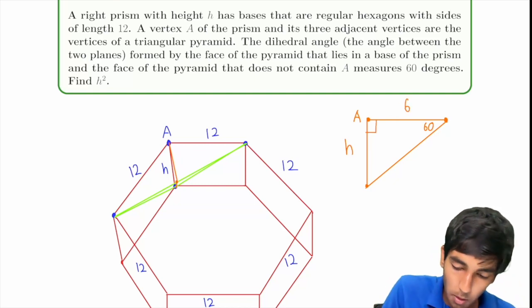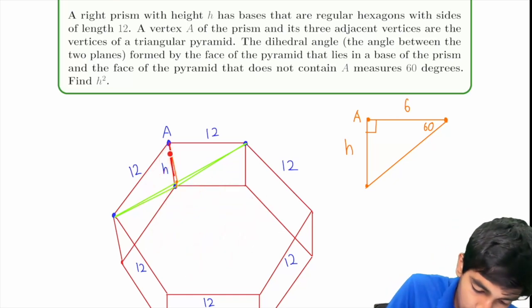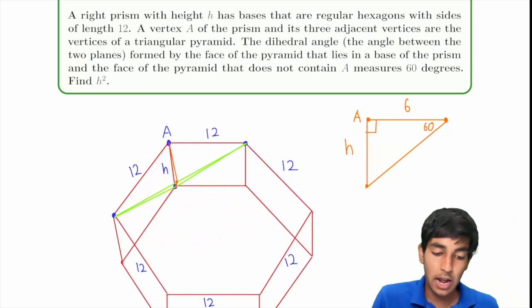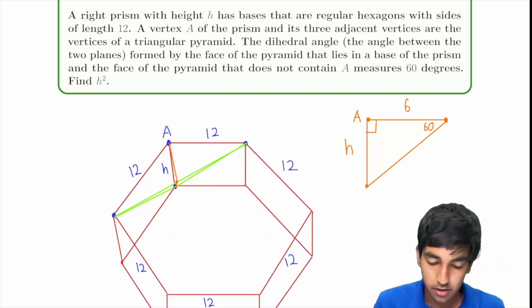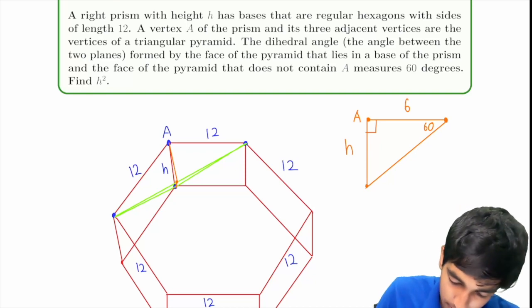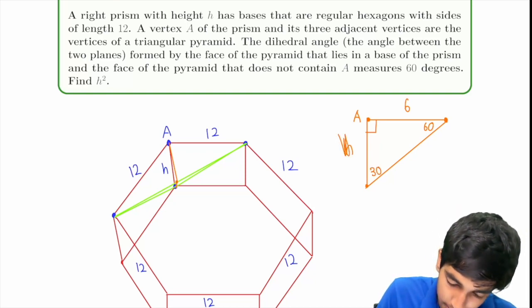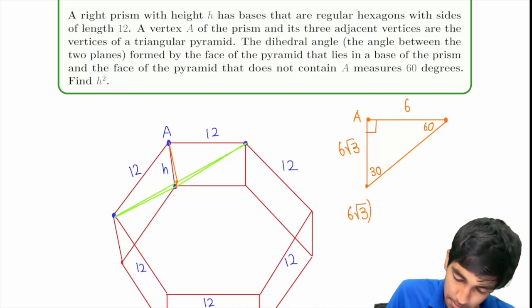Why is this 90? Well, because this is the top face and it's perpendicular to this because it's the right prism. So the height is perpendicular to the face. H, 6, 60, and then 30, 60, 90. By 30, 60, 90s, H is just 6 root 3. Our answer, 6 root 3 squared, 108.